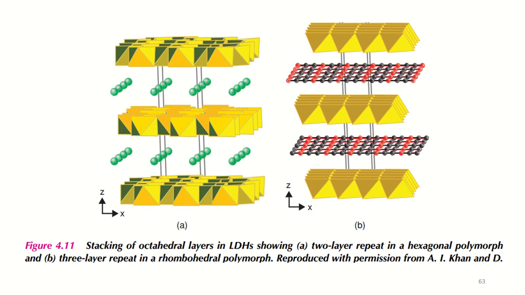These layered double hydroxides contain a mixture of water molecules and anions, such as carbonates, nitrate, halides, iron cyanides, and oxalate, that establish a link between the sheets.